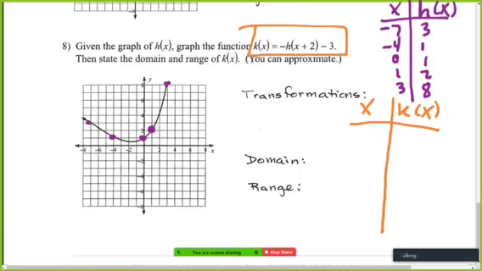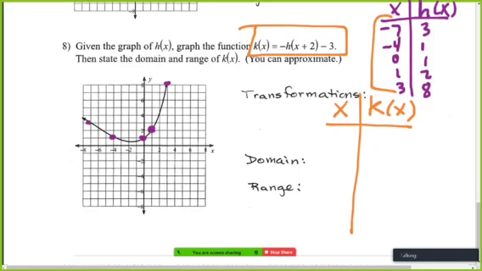So here's where h of x is defined. It's defined for those x values. So I need to plug in x values that will make what's inside these parentheses equal to these x values, because those are the only five that I have it defined for.